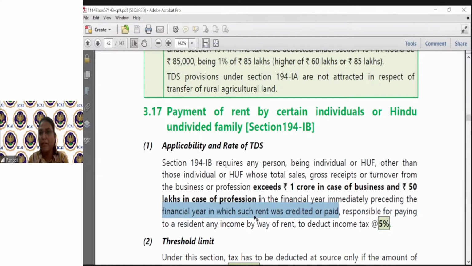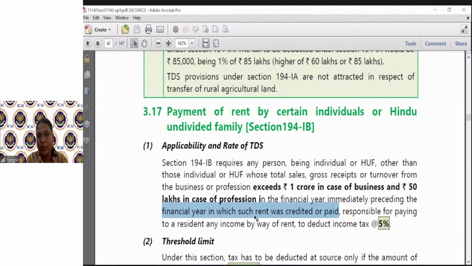So, my dear friend, if you are an individual and your turnover in the last financial year is more than 1 crore, then you are required to deduct TDS under section 194I. So section 194IB is not applicable in your case.